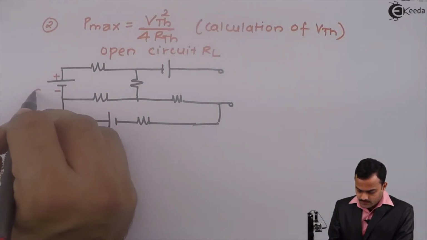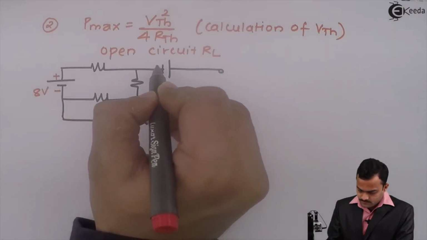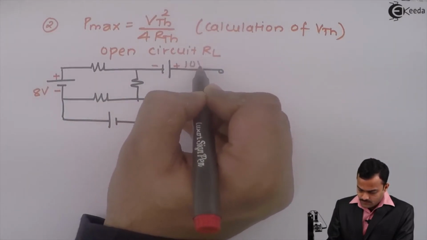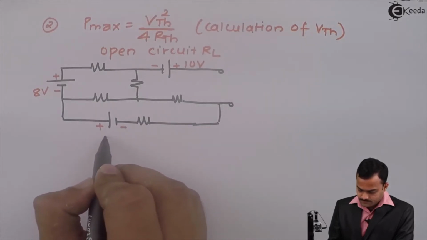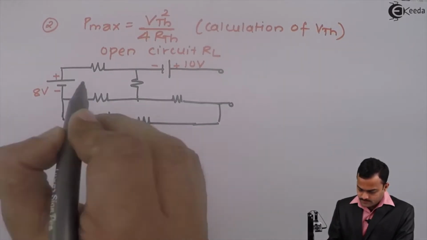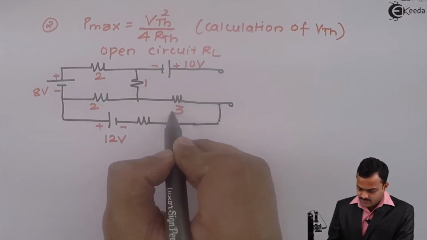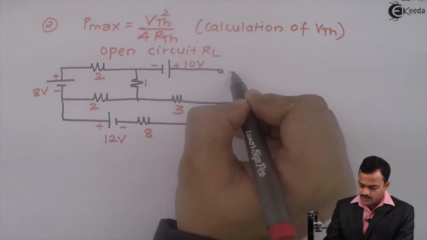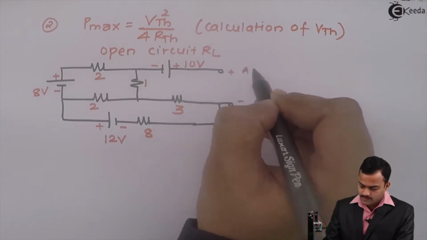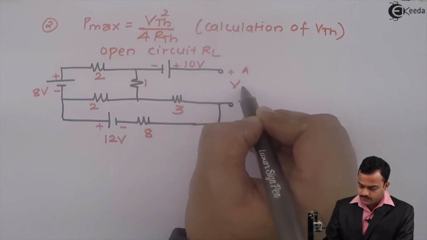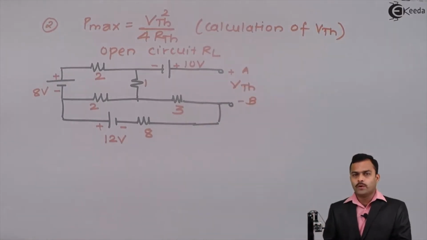So 8 volt, 10 volt, this is 12 volt, 2 ohm, 1 ohm, 2 ohm, this is 3, and this is 8 ohm. Leaving behind these terminals, the potential we need to find out is what we call VTH.